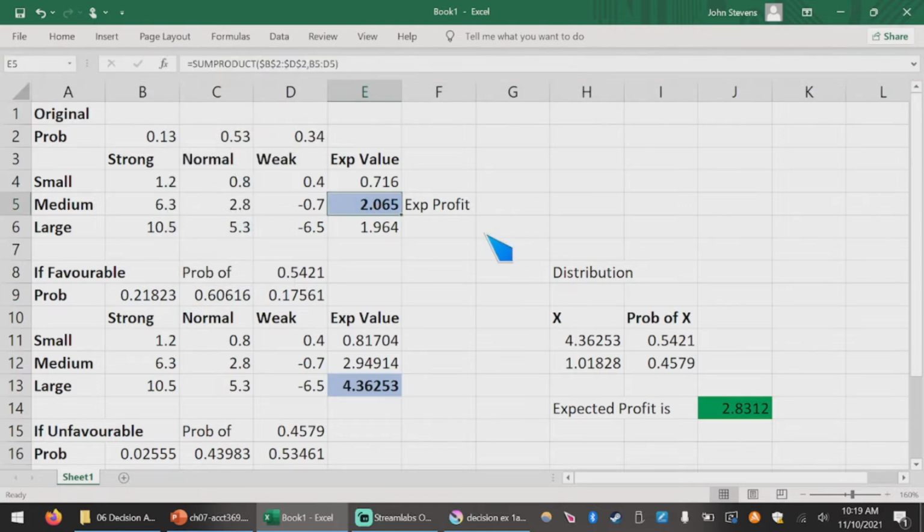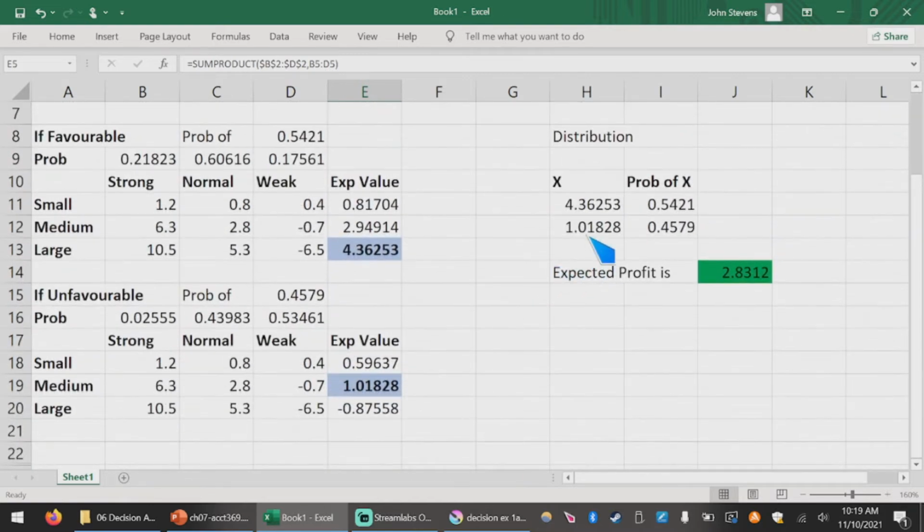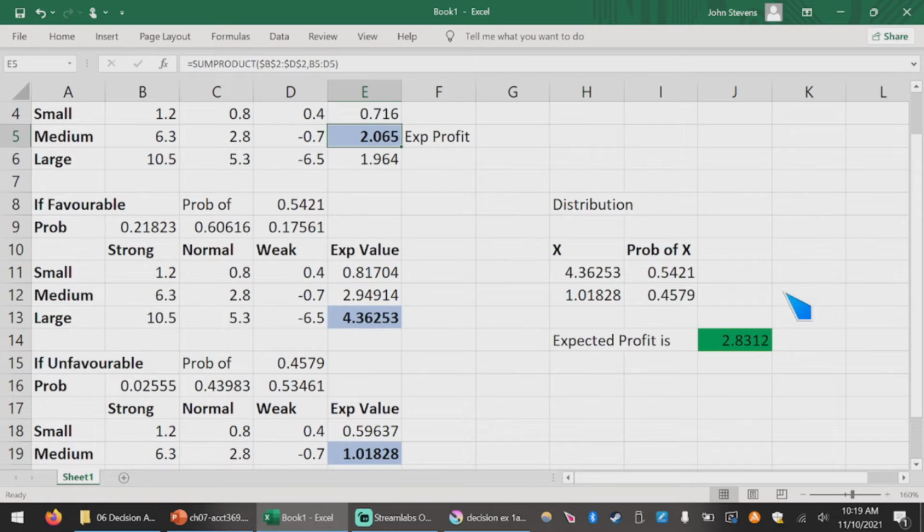Yes. If I do absolutely nothing, screw this survey, not interested, I expect a profit of just over 2. If I take the survey, sometimes it's going to be low, sometimes it's going to be high, but in the long run, I'll average 2.8 thousand, right?